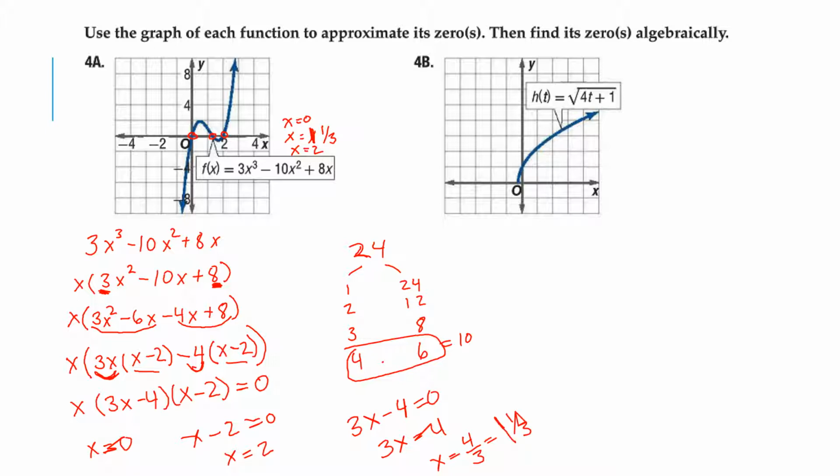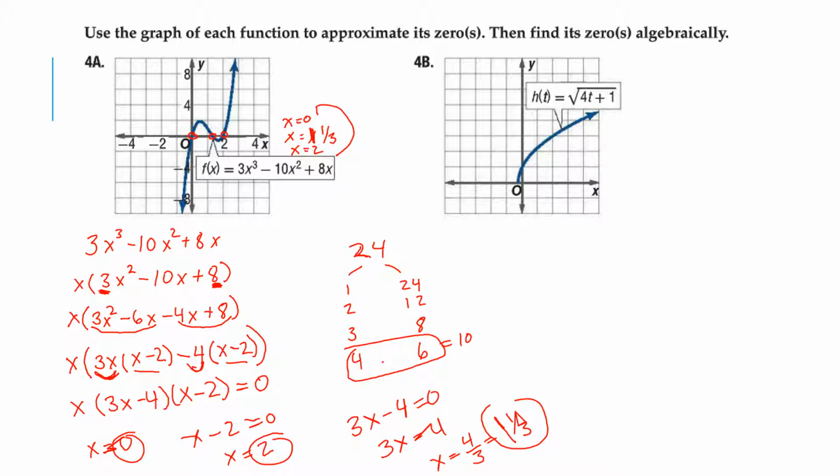Oh, my thing is not liking me right now. All right, here we have the 3 estimations that we found were all true. So that's how we did estimating it and algebraically finding the zeros.